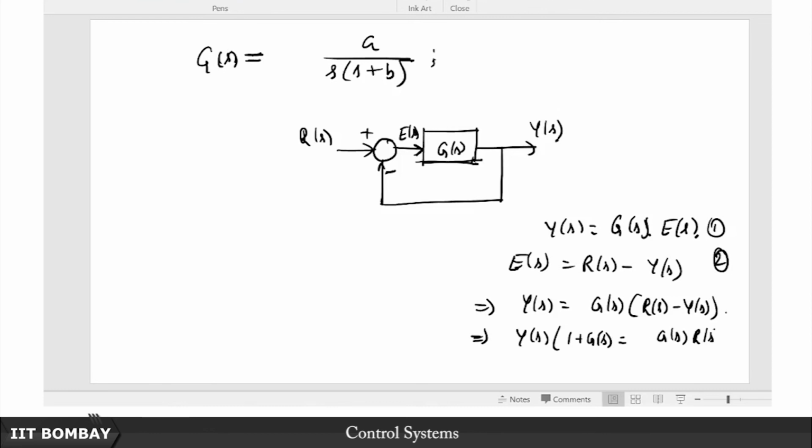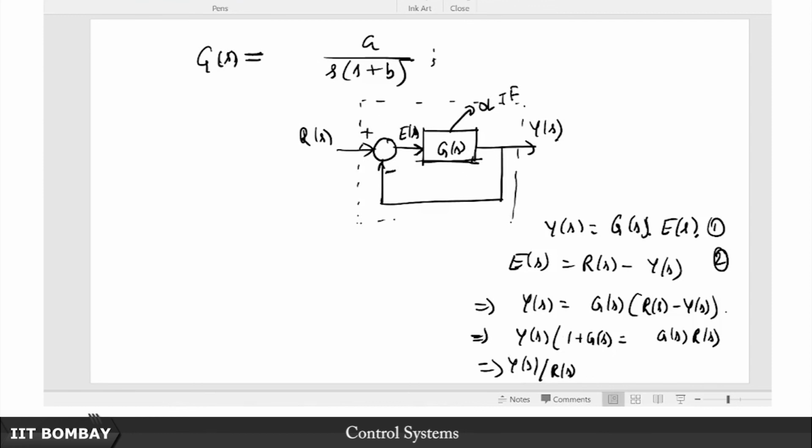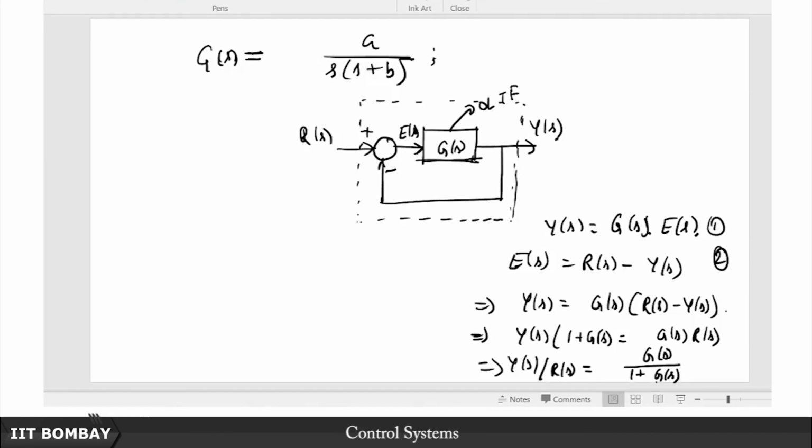which gives Y(s) upon R(s), our desired closed loop transfer function. So this is the open loop transfer function, and the closed loop transfer function, which is the equivalent transfer function of the block I have put in a dashed box, is going to be G(s) upon 1 plus G(s).